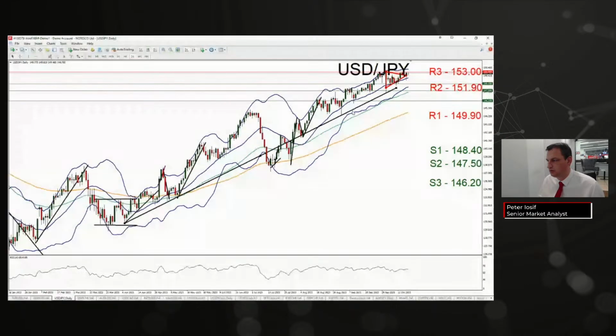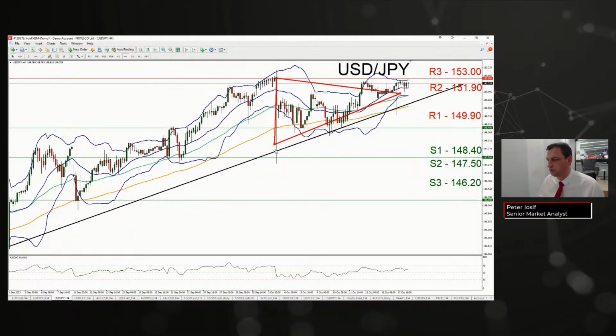Readjusting the resistance, the support line, the upward trend line actually. Back to the forward chart. And that gives us a clear indication of here.